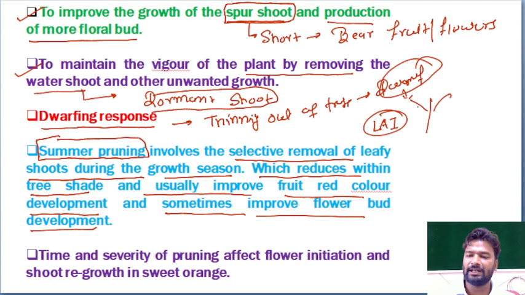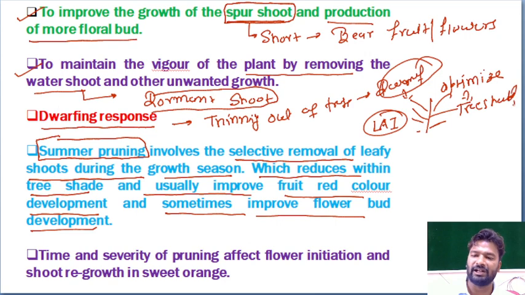So it reduces the shade within the tree and improves flower buds and fruit color development, or fruit quality.